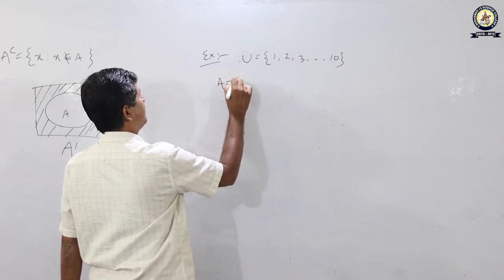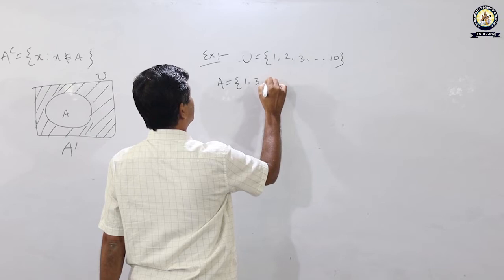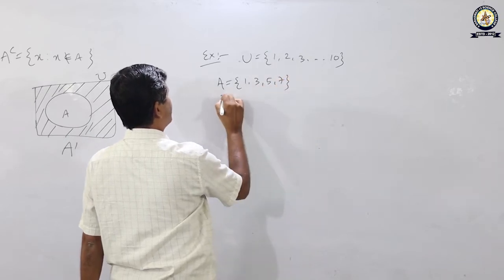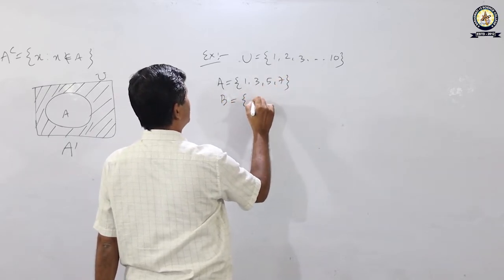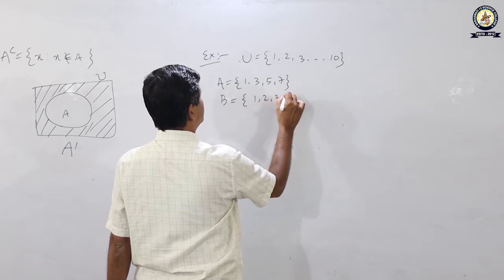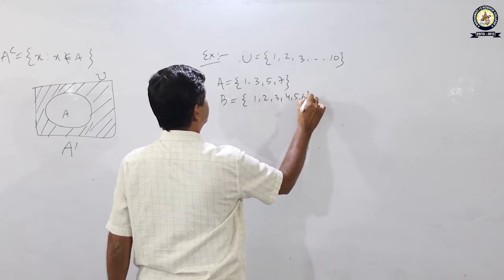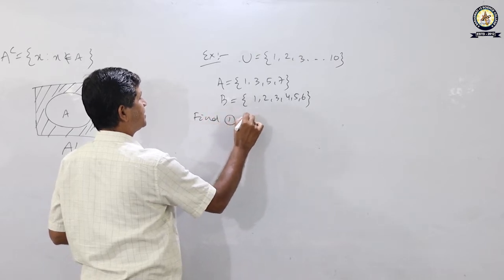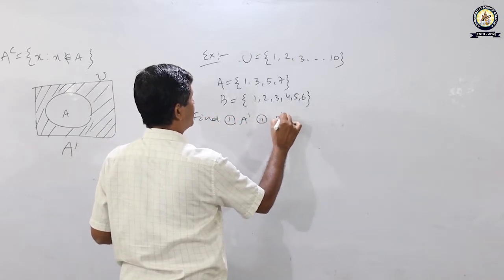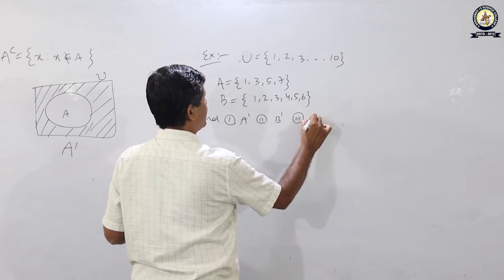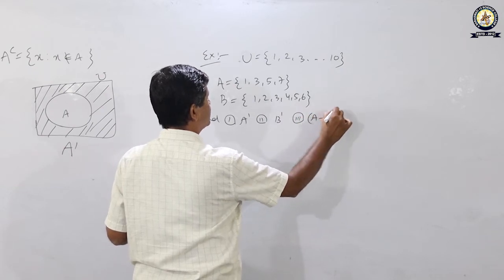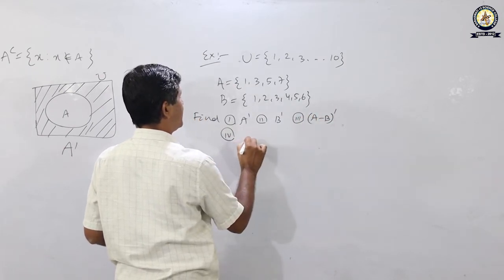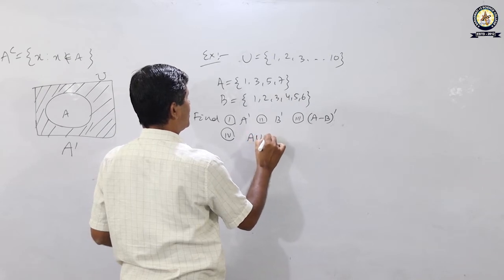Set A contains the elements 1, 3, 5, 7. Set B contains the elements 1, 2, 3, 4, 5, 6. Find first A dash, second B dash, third A difference B whole dash, fourth A union B whole dash.